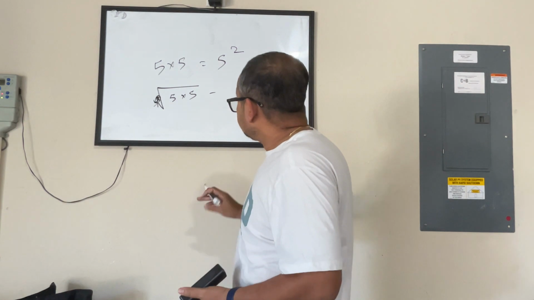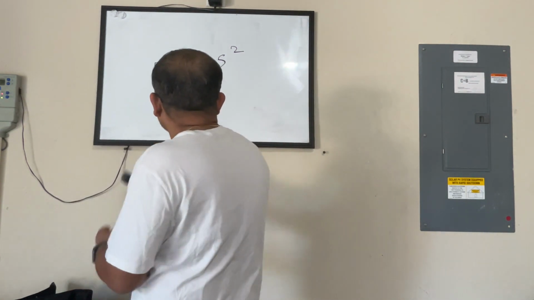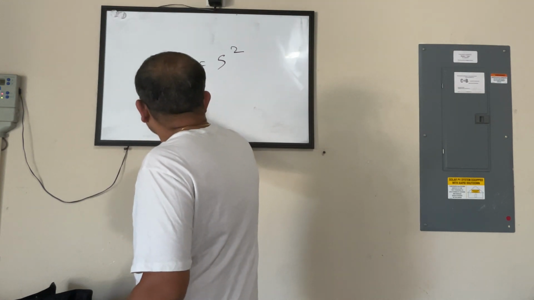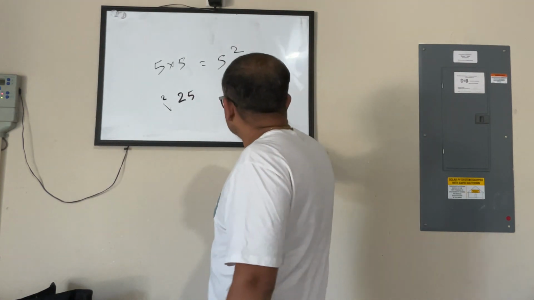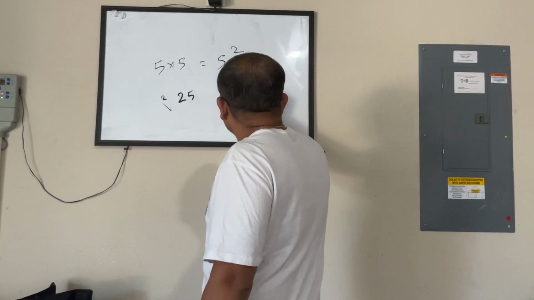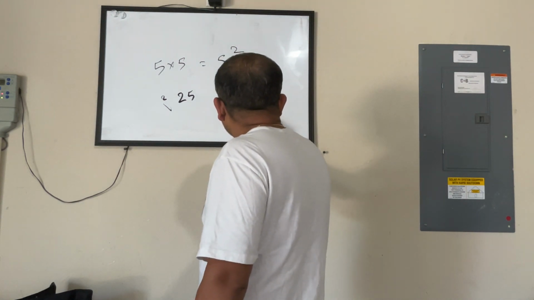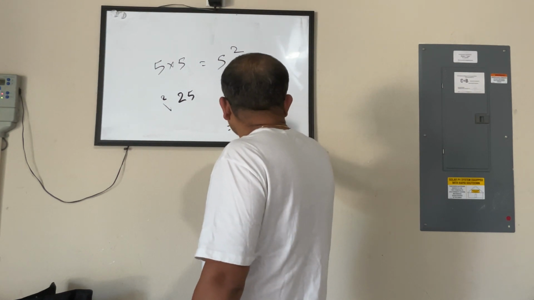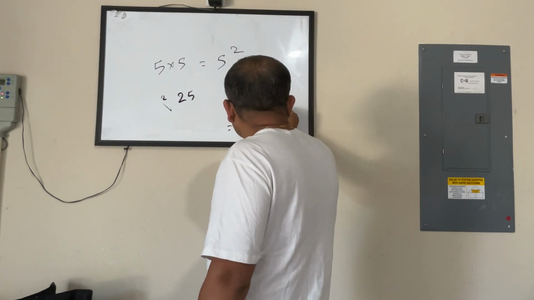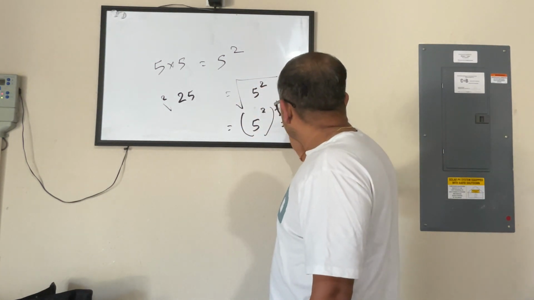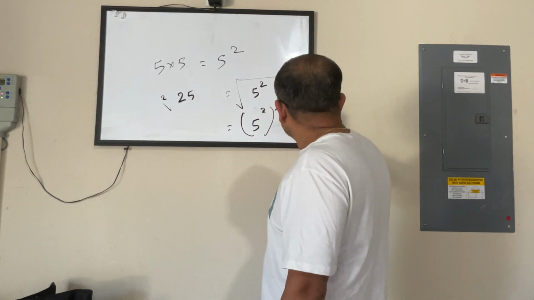Okay? Now, if I say square root of this, it means you have to convert this into a square, and if you want to take this thing out, whatever value you have here, this to the power 1 by 2. This is what it is. So now this will become 5 to the power 2 into 1 by 2.